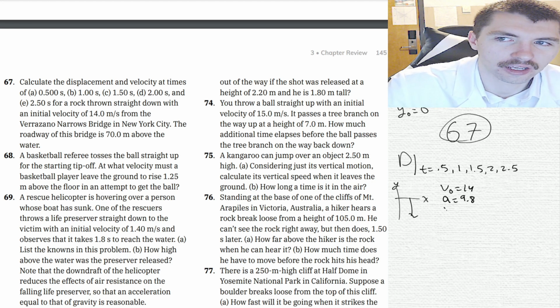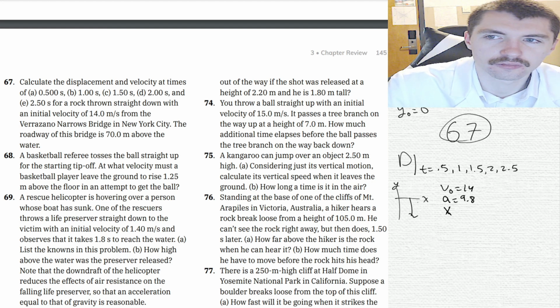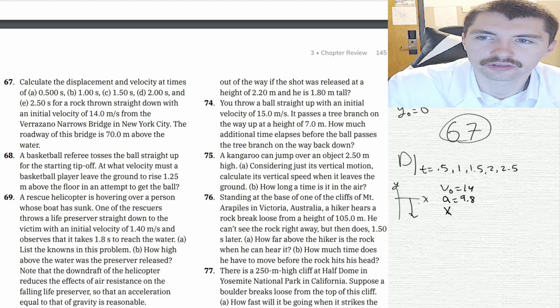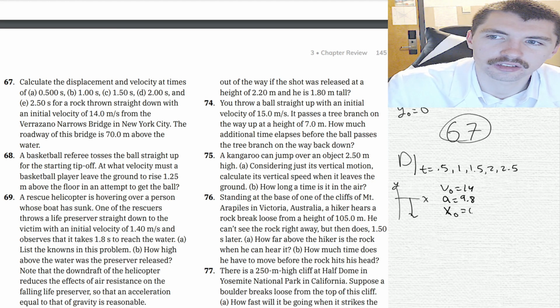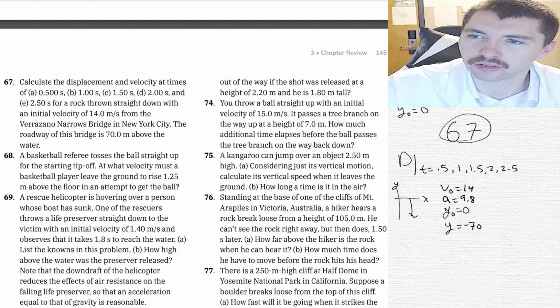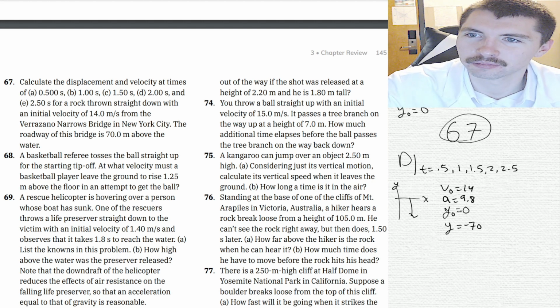So we're going to be falling 70. So I can say Y naught is 0. Y is negative 70. So I think all these are coherently placed.